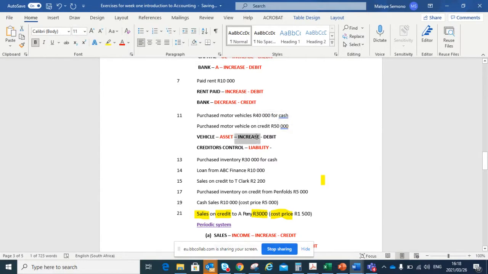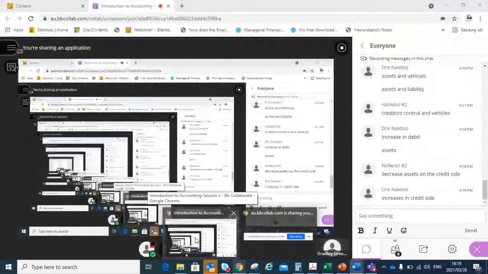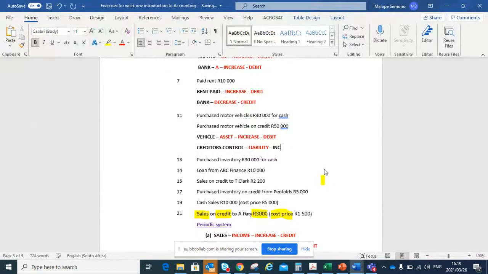What about the liabilities? Increase on the credit side. Perfect. I appreciate this.